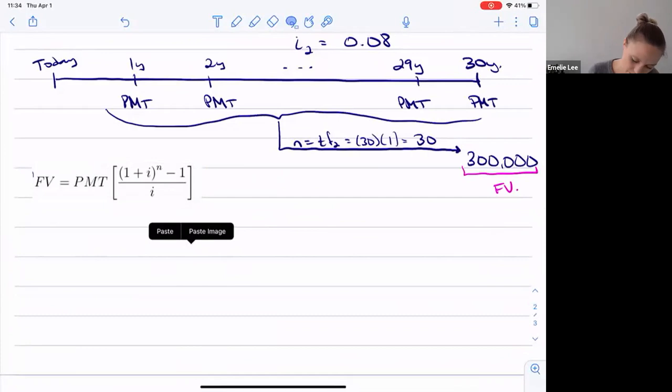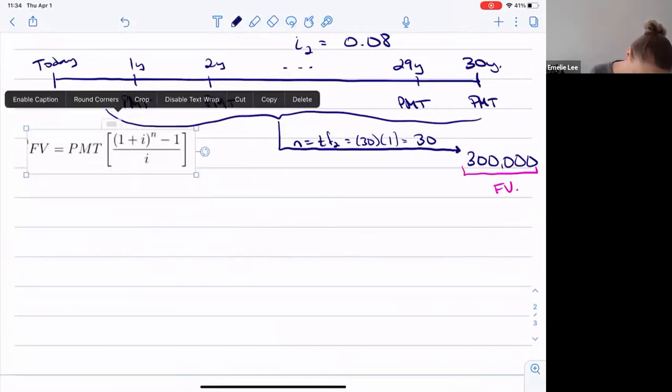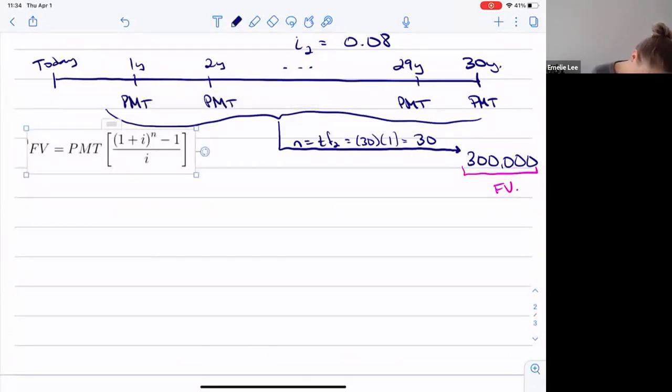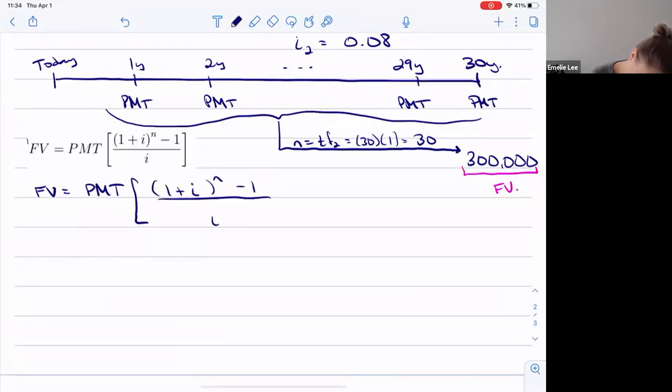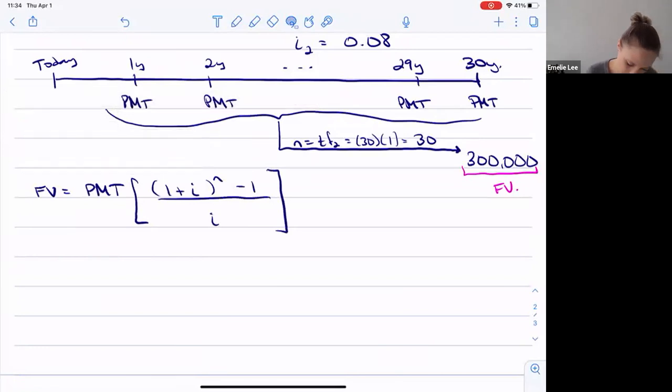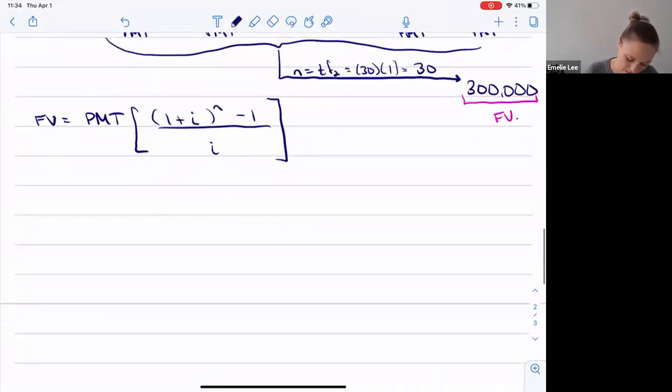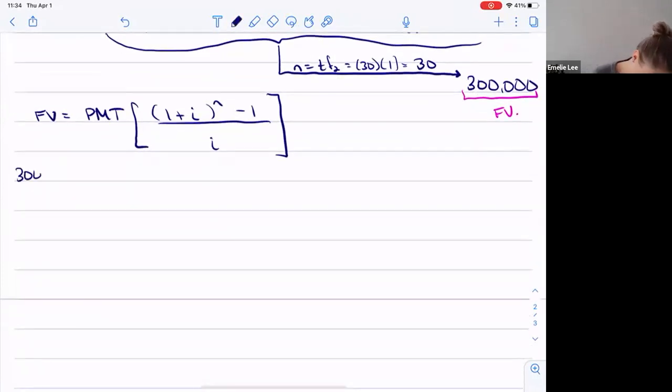The future value is the PMT times 1 plus I to the power of n, minus 1, over I. Since I have the future value, I'm going to force it to be $300,000.